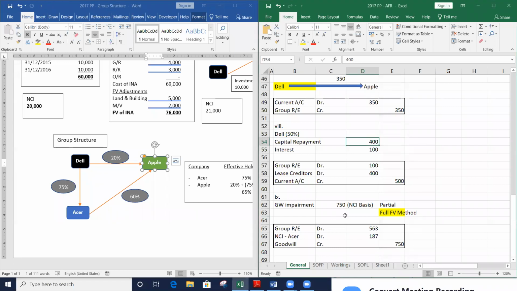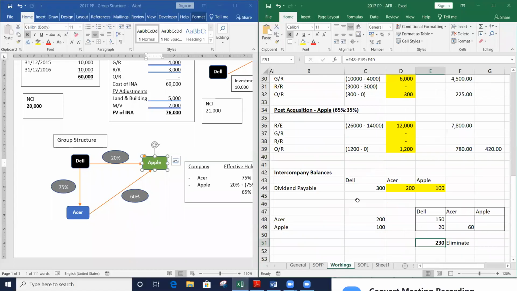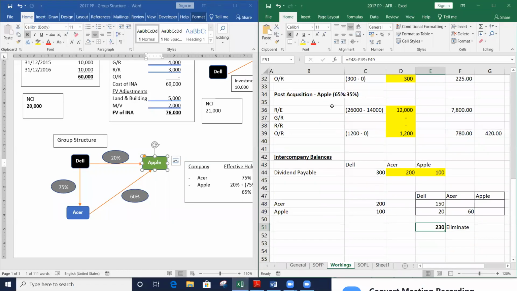Okay. So where were we? Intercompany balances. This 230 intercompany balance we need to eliminate.